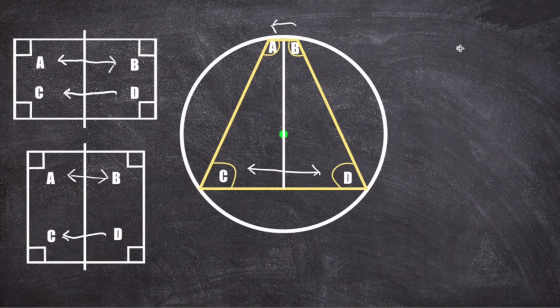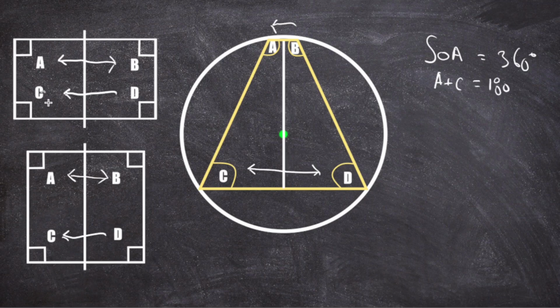So because these are quadrilaterals, the sum of angles, let's call them SOA for sum of angles, equals 360 degrees. But because these angles on the right are a reflection of the angles on the left, the sum of the angles on one side is half of the sum of angles in the quadrilateral, which means that in each case, A plus C must equal 180 degrees.